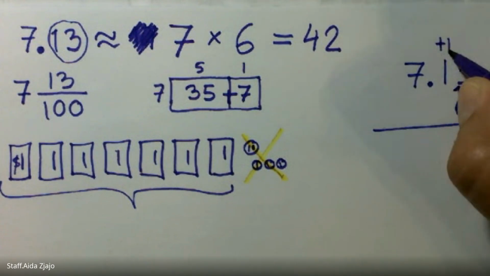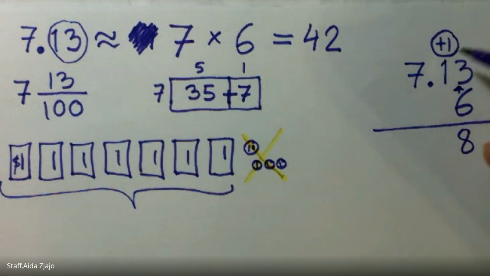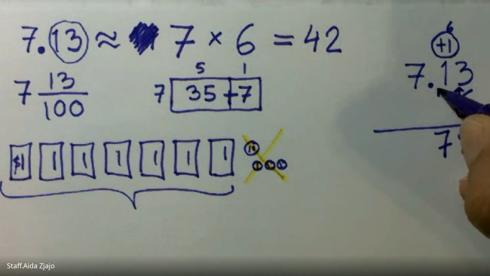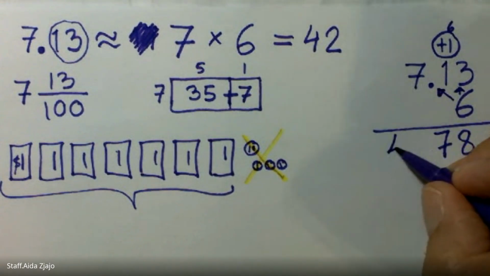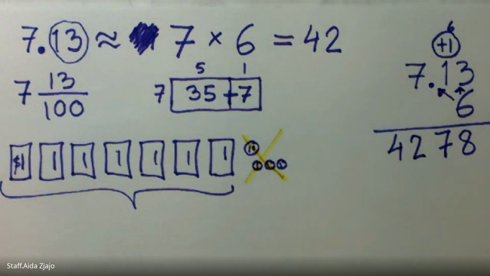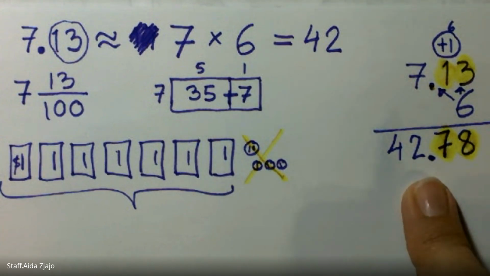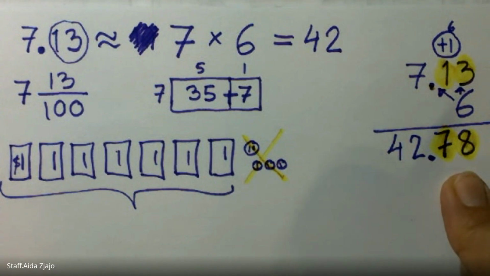I remember I made 1 tenth. 1 times 6 is 6, plus 1 is 7, and 6 times 7 is 42. I have in one factor hundredths, so the other factor is a whole. So hundredths times whole, you need to have hundredths in your answer. So the real answer is about 42 and 78 hundredths.